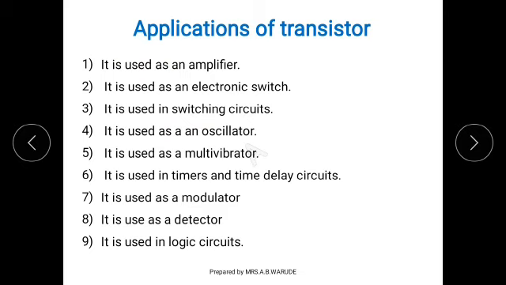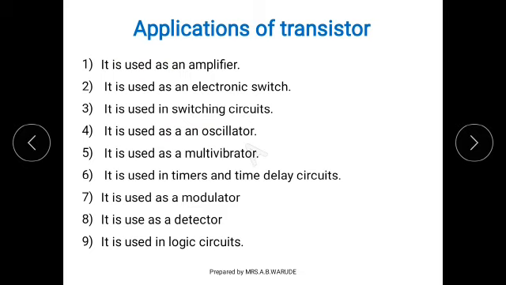Then what are the applications of transistor, where the transistors are used? These are the important applications of transistor, which is also called a BJT. First, it is used as an amplifier. It is used as an electronic switch. It is used in switching circuits.